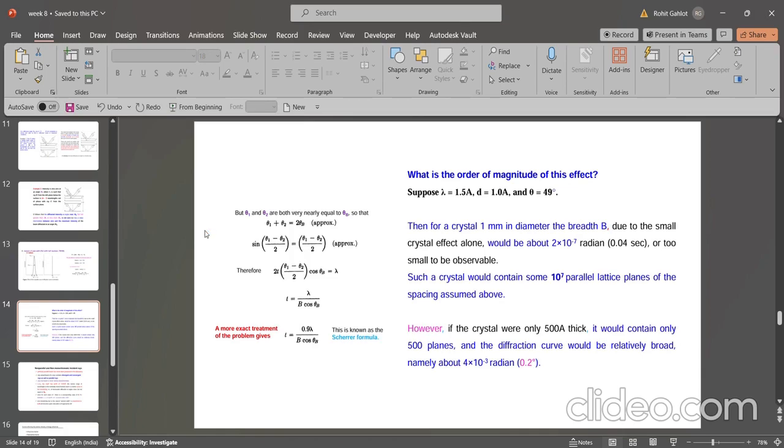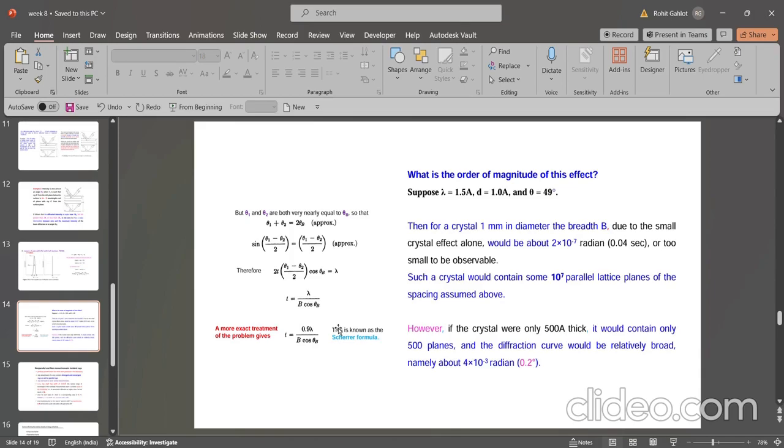So we equate it as 2t times theta 1 minus theta 2 by 2 times cos theta b equals lambda, and from here we get the relation known as the Scherrer formula. A more exact treatment of the problem uses t equals 0.9 lambda by B cos theta b. Okay, so let's take an example.